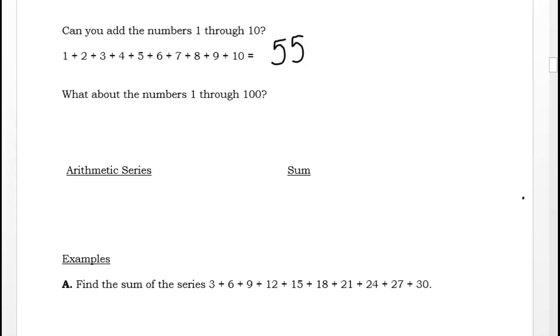So an arithmetic series is adding the terms of an arithmetic sequence.